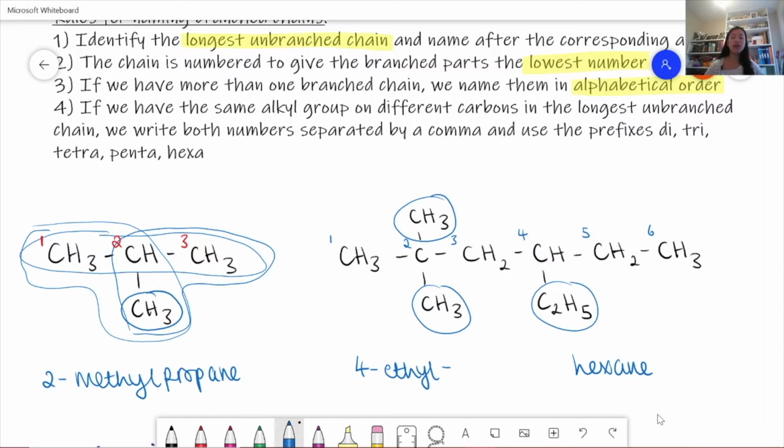So because they come on the second carbon, we put a 2. But because there's 2 of them, we then put a comma and put another 2. And then we have the prefix di, and then they are methyl groups. So the full name of this molecule is 4-ethyl 2,2-dimethyl hexane.